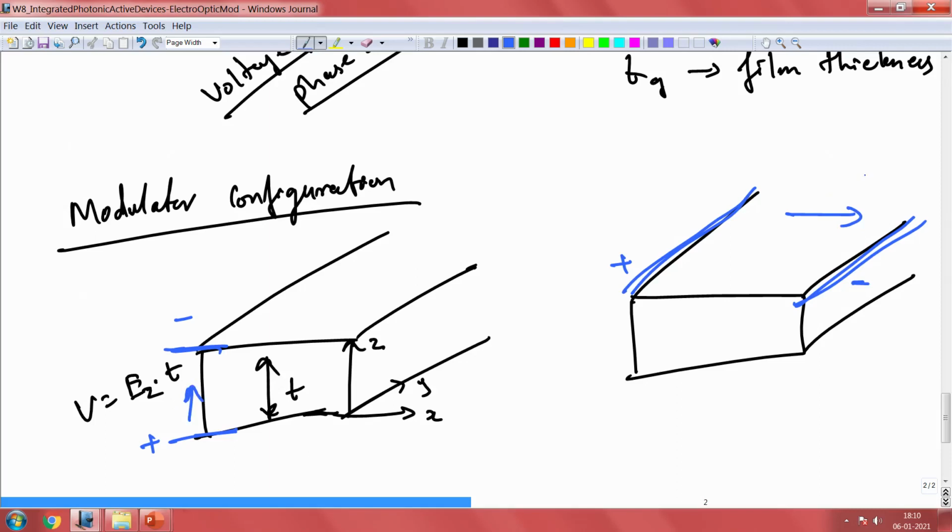So this is your E field, and in this case you will have a field along the length of this, or along the breadth of this. Here you have a complete length that is available to you. So this is the total length you have, and in this case your voltage will be Ez times L. So you can already see which is the better configuration when it comes to the efficient use of voltage.